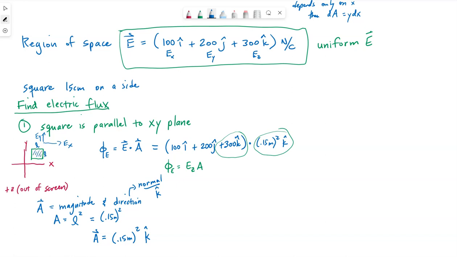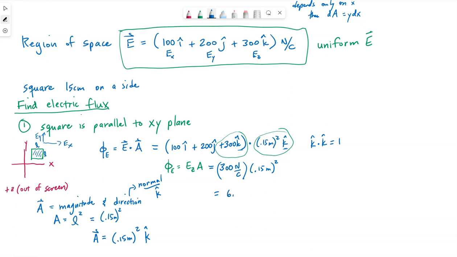Only the z component could actually physically pass through that square. And so that's also the nature of the dot product, is to take the k-hat dotted with k-hat. So we have the 300 newtons per coulomb for the electric field. We have the 0.15 meters, that quantity squared, for the area. And keep in mind, k dotted with k is just the number 1. We don't get a direction on our answer.